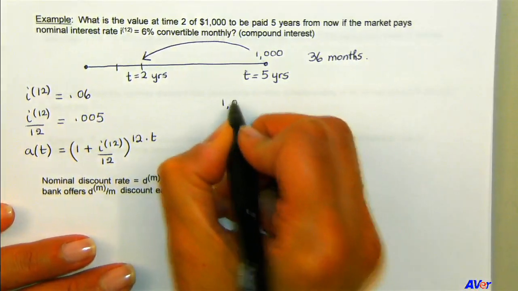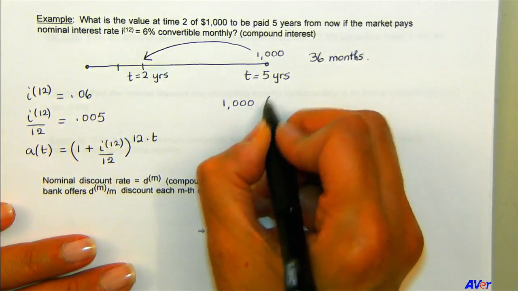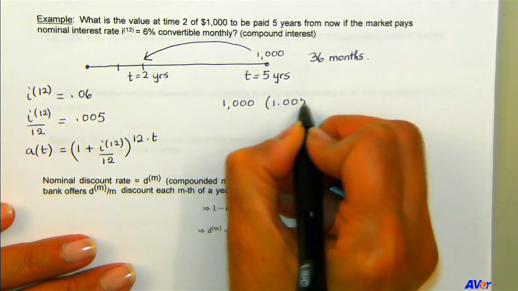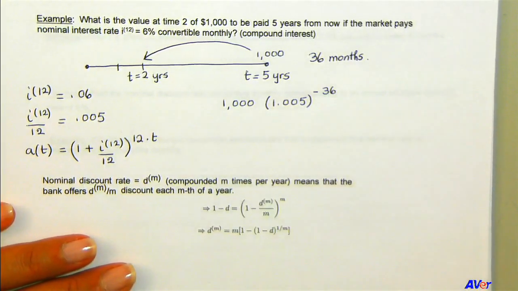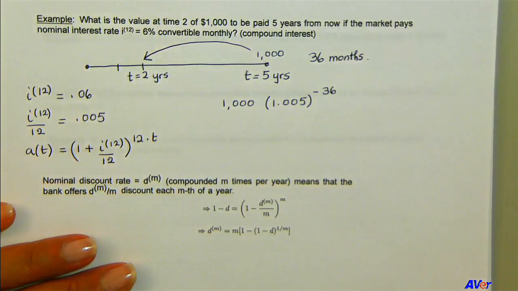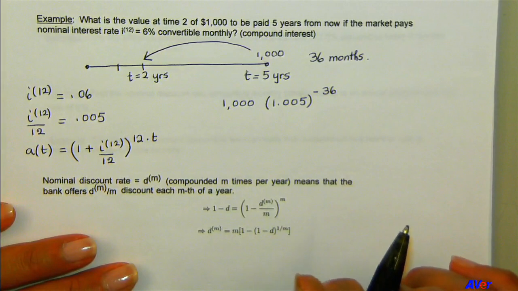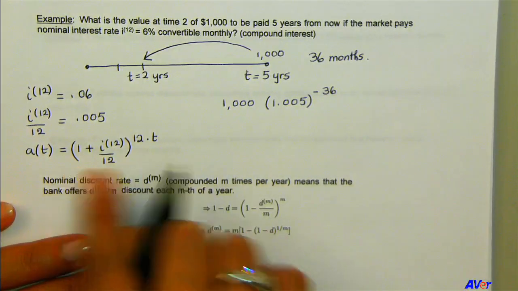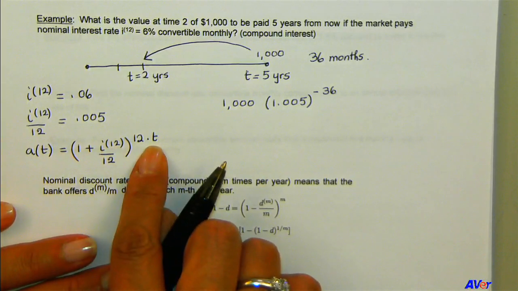So this is 1,000. The interest rate is 0.005. So 1.005 raised to the minus 36. I'm discounting. So my V of t is 1 over A of t, where A of t is 1 plus the monthly rate to the 12 times t.